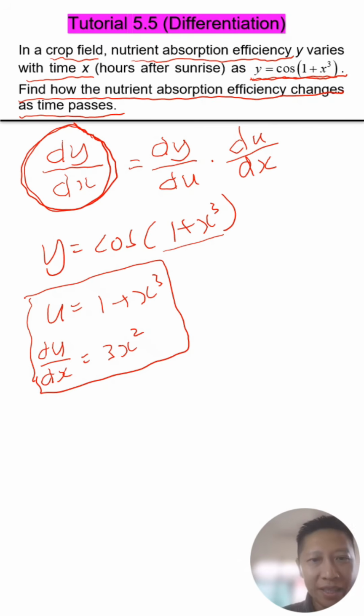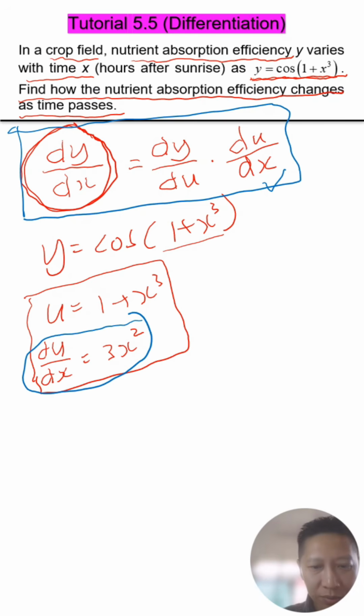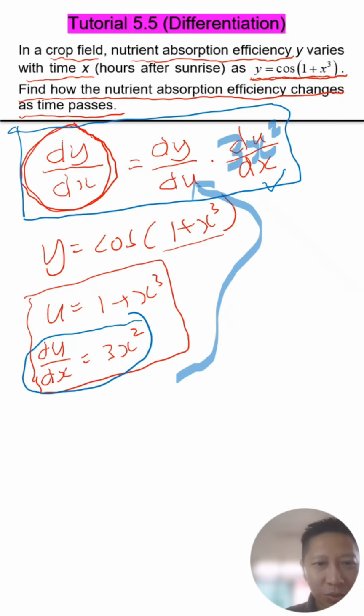When we look at the general formula to find dy with respect to x, we have solved for du with respect to x. This one we have, it is 3x to the power of 2. What we don't have is dy with respect to u.